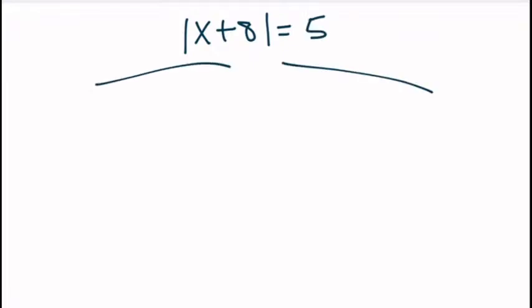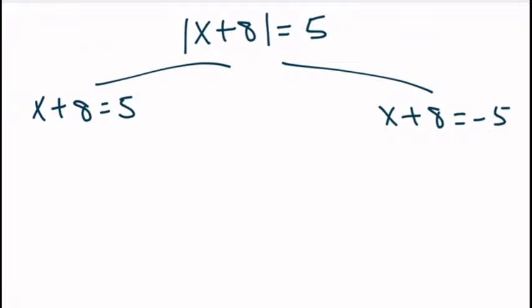Let's do x plus 8 equals 5. Once again, we're splitting it up into x plus 8 equals 5 and x plus 8 equals negative 5. Subtract 8 on both sides. That's negative 3.